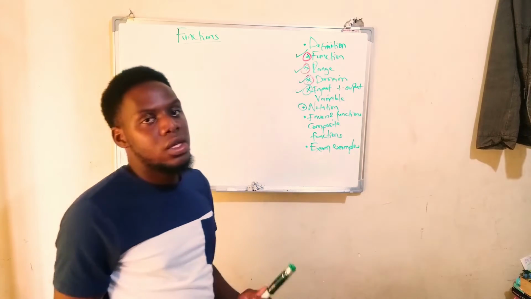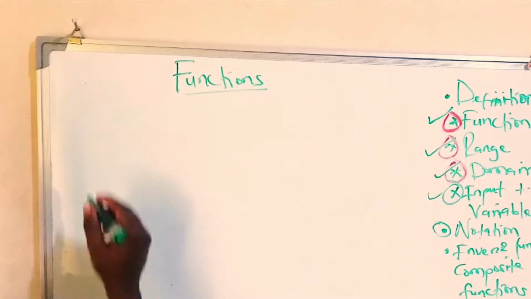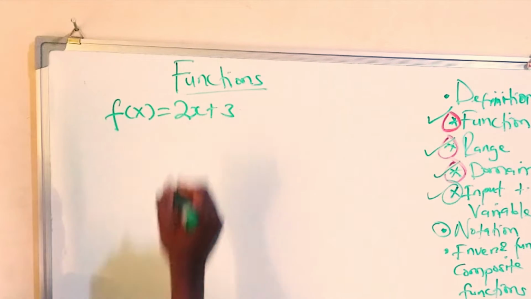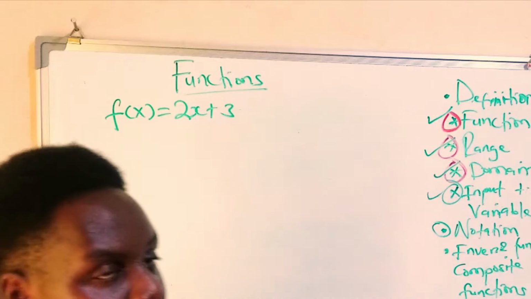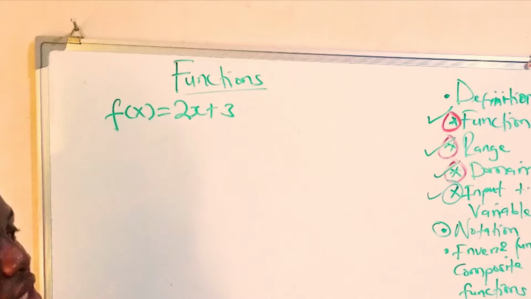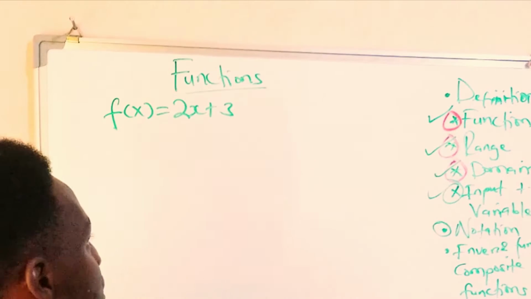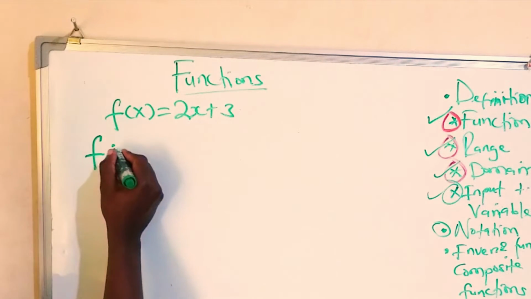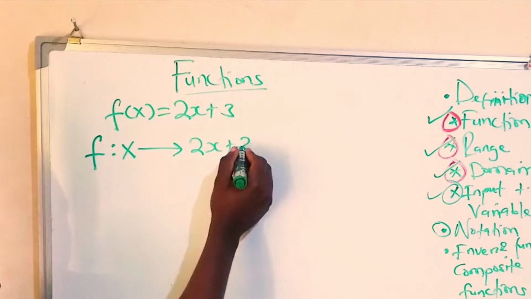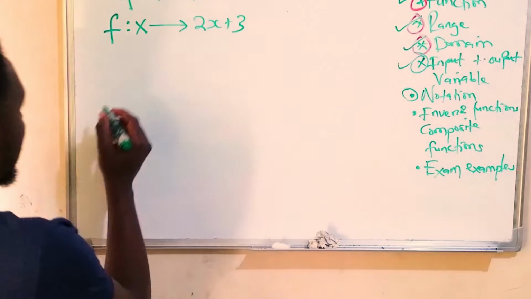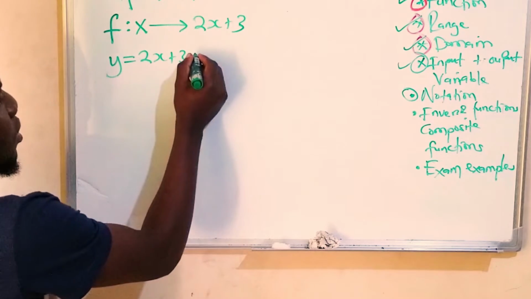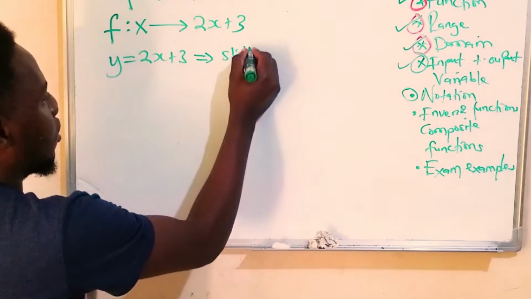So that's how you can write down functions: f of x is equal to 2x plus 3. However, you might also realize that there's another way. As you're doing your studies, you can also find functions written as follows: f such that x maps into 2x plus 3. So, whether written as y is equal to 2x plus 3 or in these other forms, this is still a function.